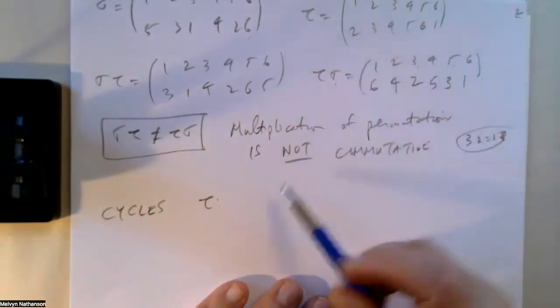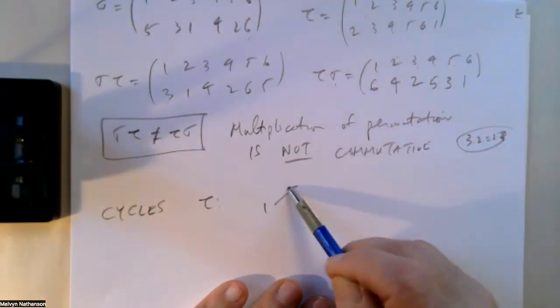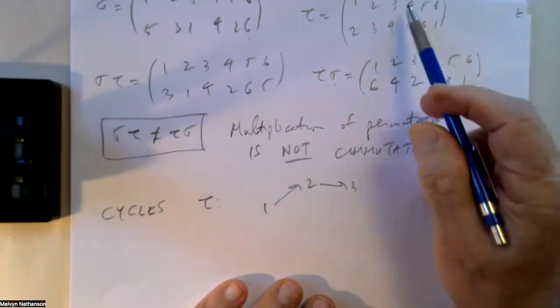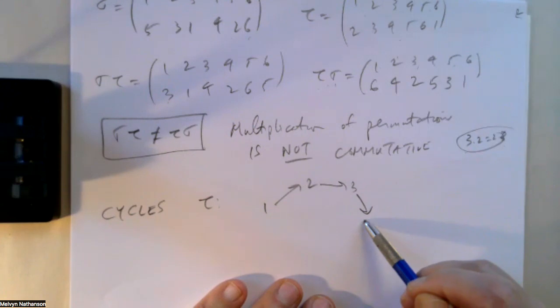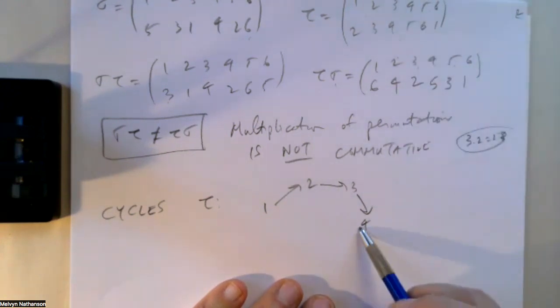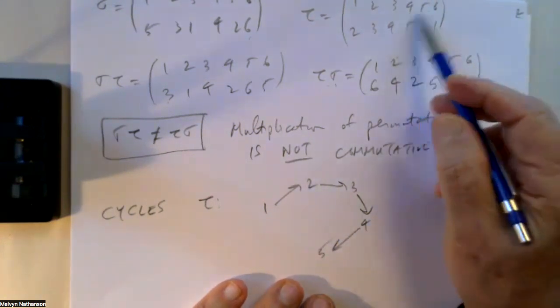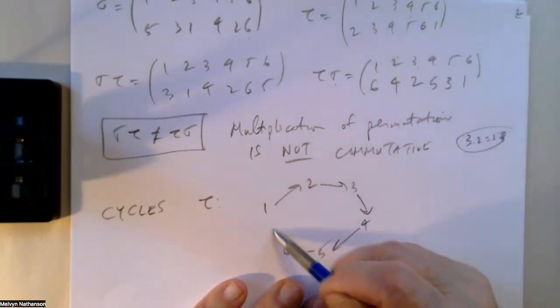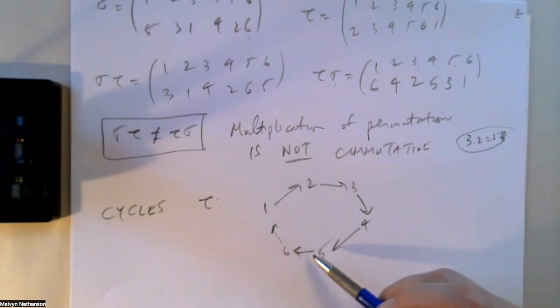Here's tau. Tau sends 1 to 2, sends 2 to 3. It sends 3 to 4. It sends 4 to 5, 5 to 6, 6 back to 1.